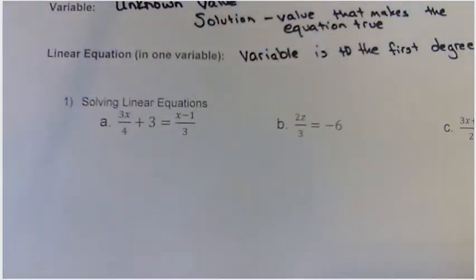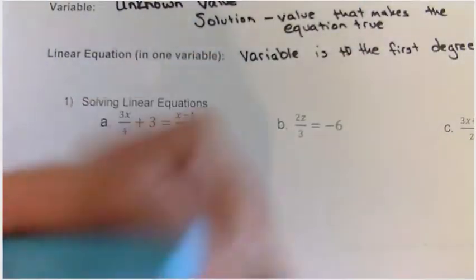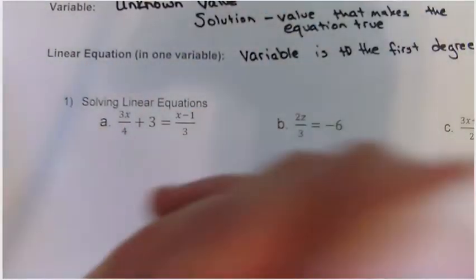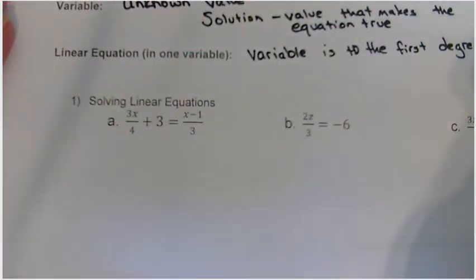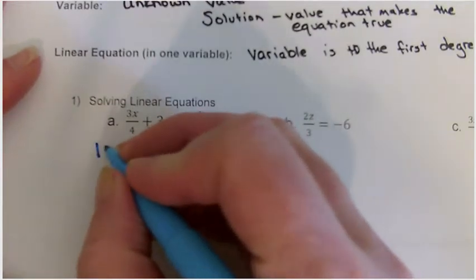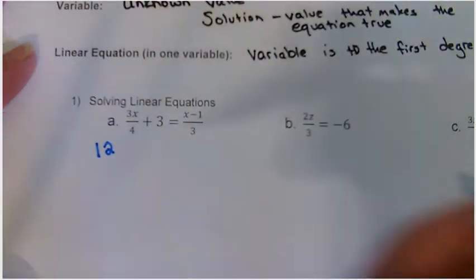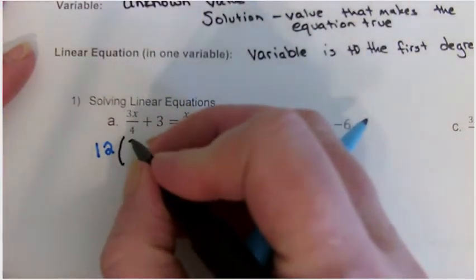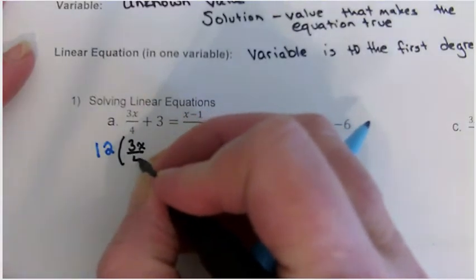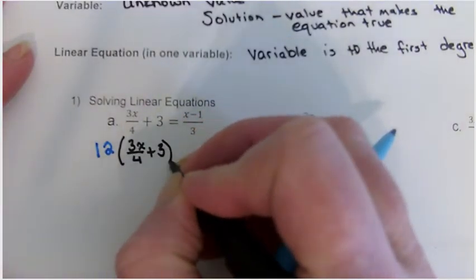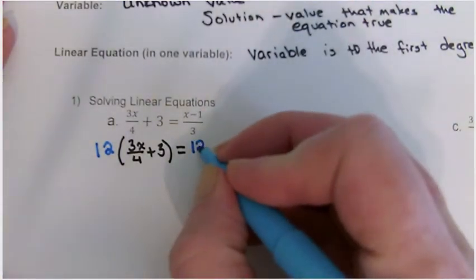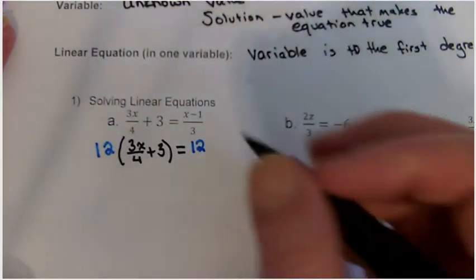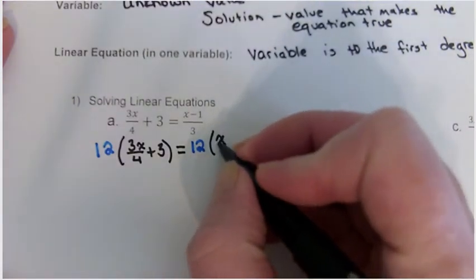So if we remember from previous courses, if I have a third and a fourth, the least common denominator would be 12. 3 times 4 is 12. And that's usually the easiest way to find it. Just multiply them together. And I'm going to multiply both sides of the equation, because remember, to keep things balanced in an equation, what you do to one side, you must do to the other.